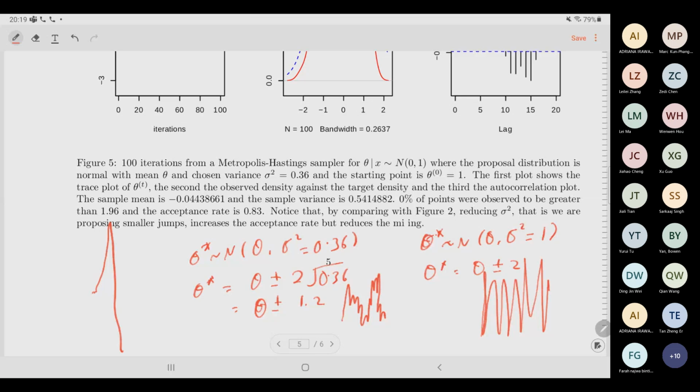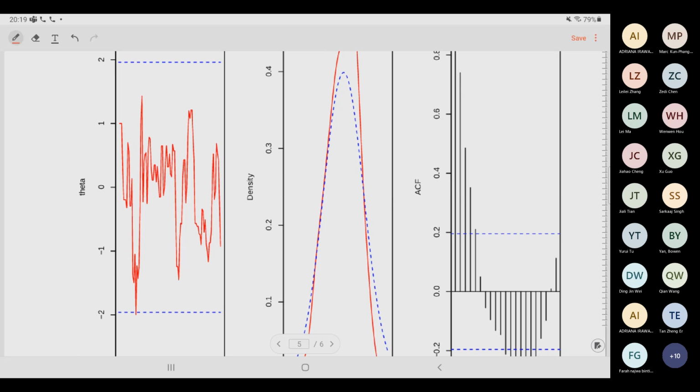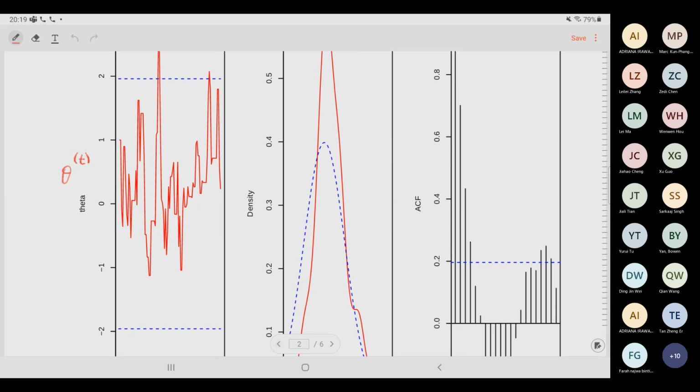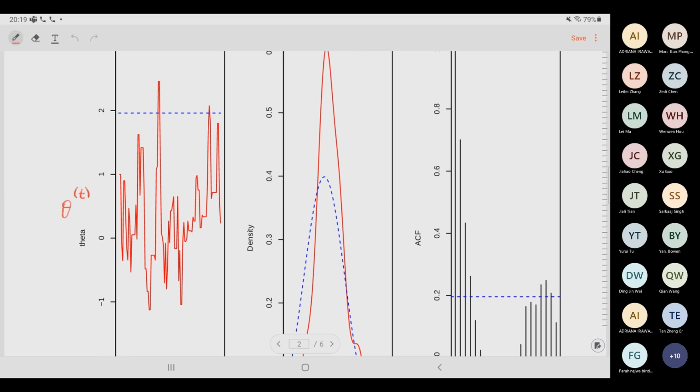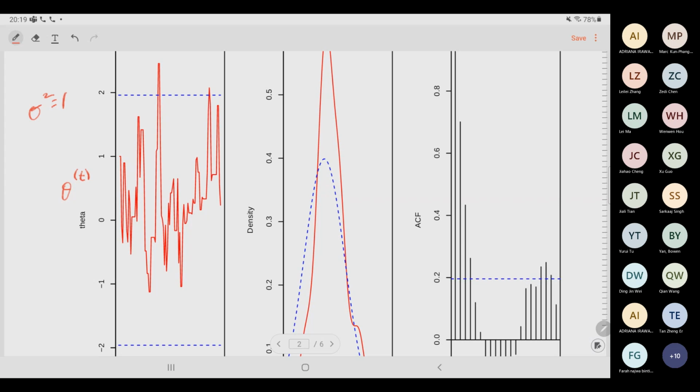Okay, so you can see, for example, this is when your sigma square is 0.36. And if you compare to the one when your sigma here is 1, you can see that the length, the movement of the theta, actually can be higher.